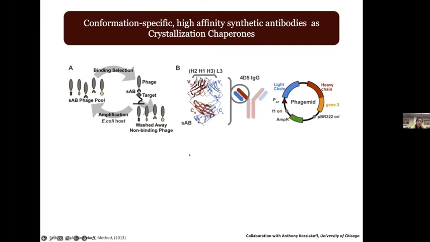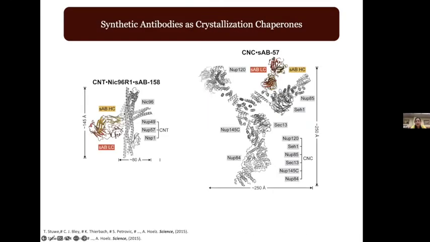We gave them proteins, and they helped us select the antibody from their phage display library. We have already used this antibody to solve two major structures: one is the CNT, and the other is the 358 nuclear pore protein.